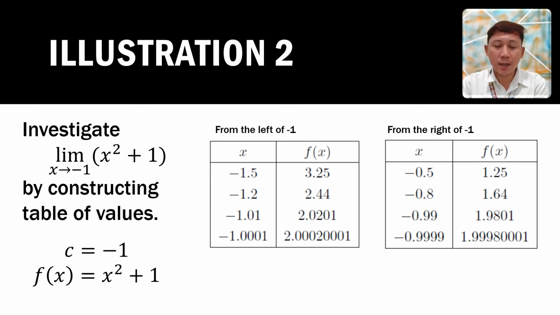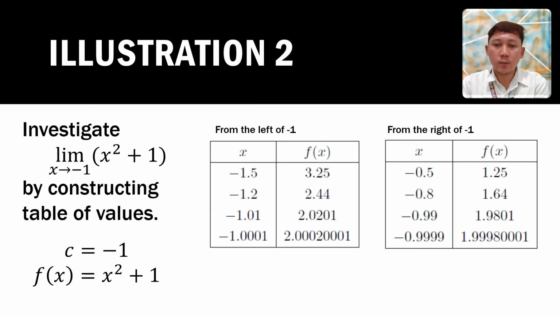As you can see, in this table from the left of negative 1, we have negative 1.5 up to negative 1.0001, so the values are going to 2.